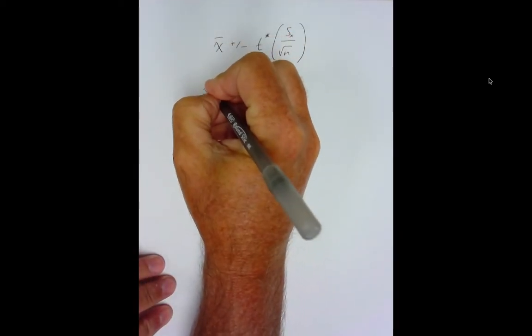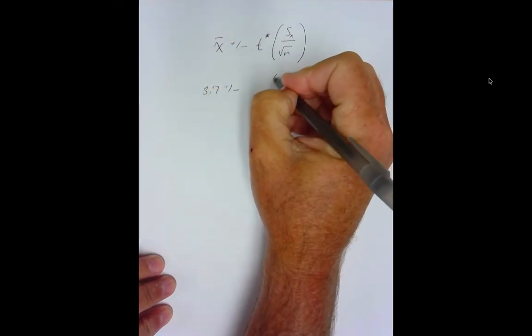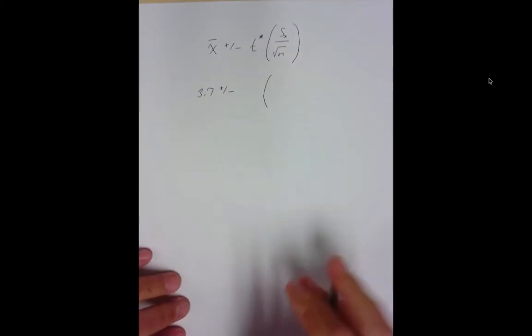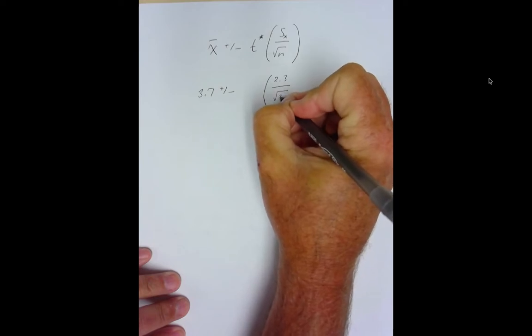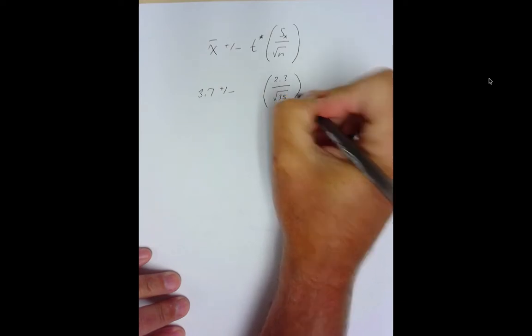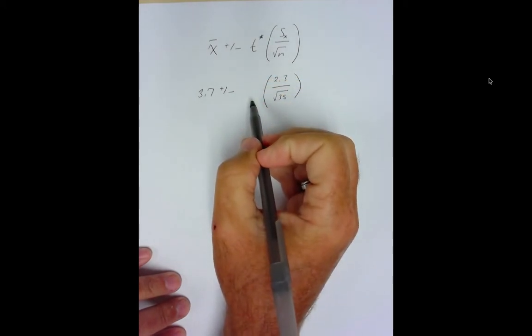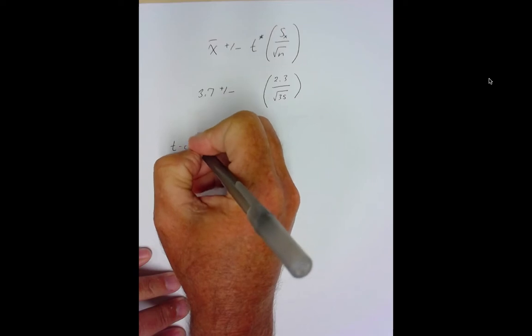So in calculating this confidence interval, I know that my x bar is 3.7. I know I've got my standard deviation, which was 2.3. And I know that I have a sample size of 35. So the only thing I'm missing is this t star, this t critical.